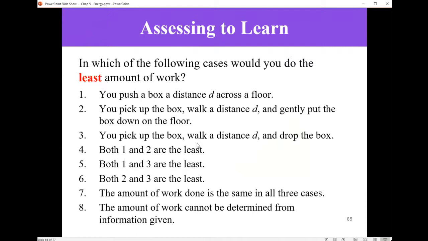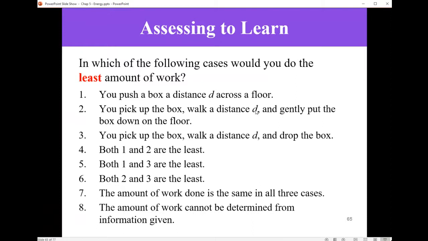To check your understanding, if you are pushing a box a distance d, you are exerting positive work: the force that you are pushing with multiplied by the displacement. So the net work will be positive. If you pick up the box, that will be positive work.